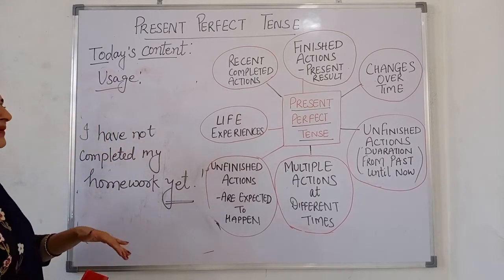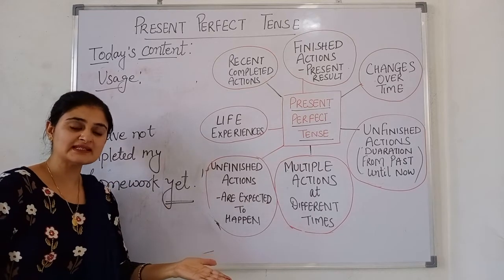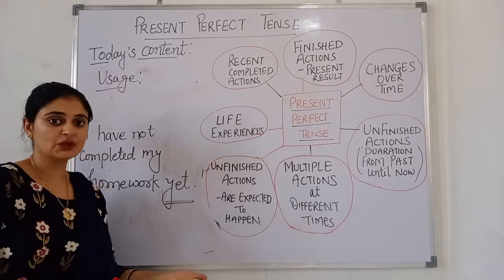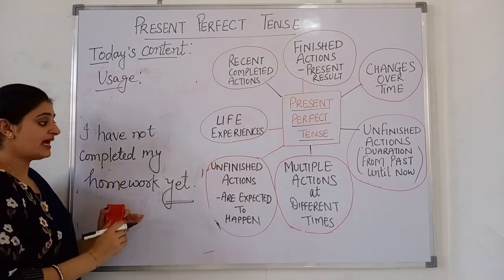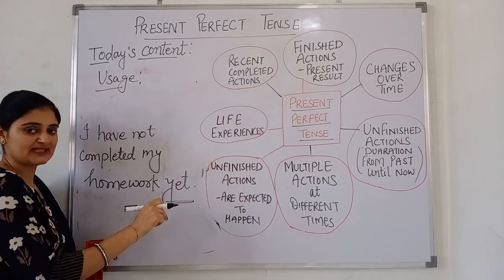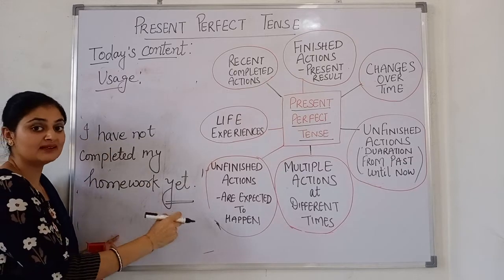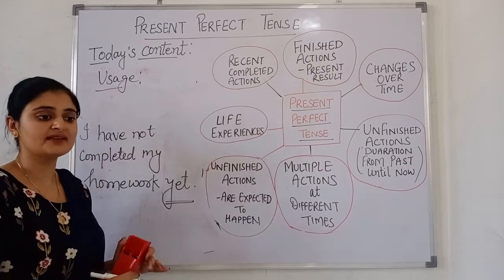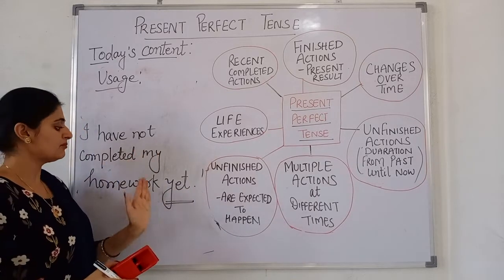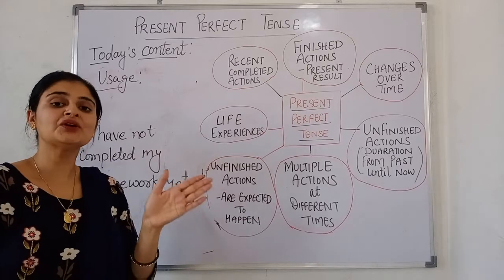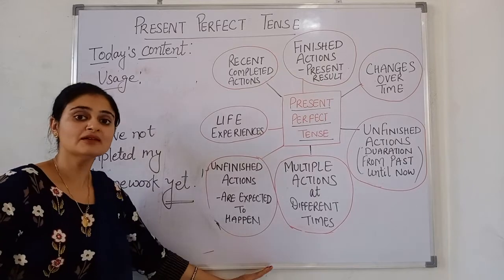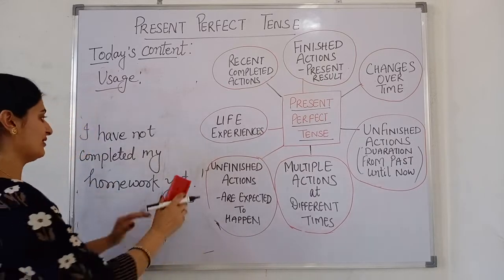For example, he has not completed his assignment yet. The train has not arrived yet. But what is the thing that we have to consider? That you are still expecting that this action will happen in the future. Your father is expecting that you will complete the work in the future. Clear, students? Very good.